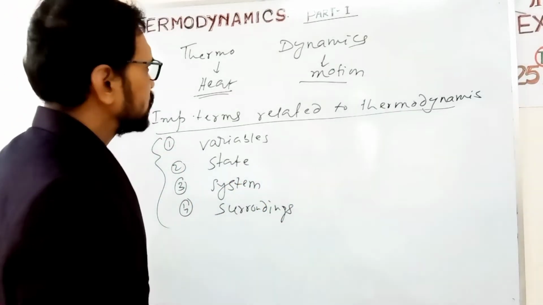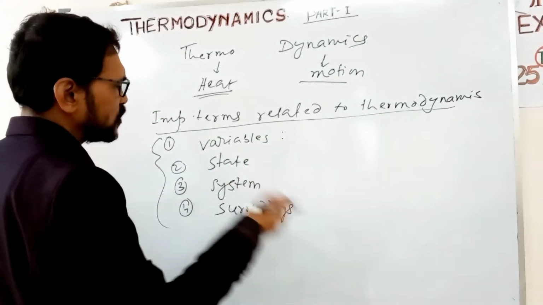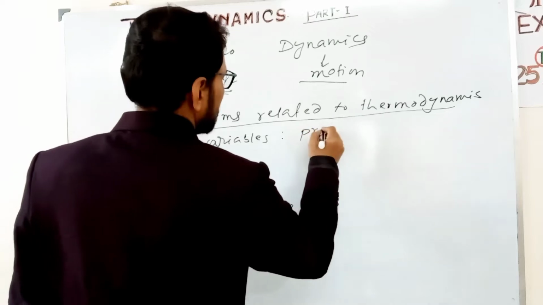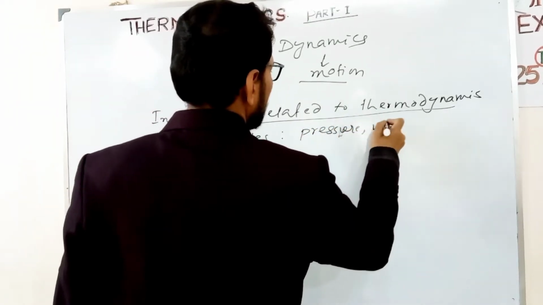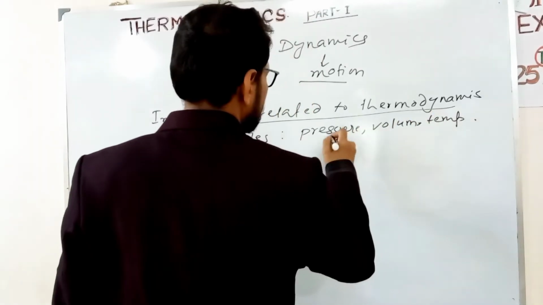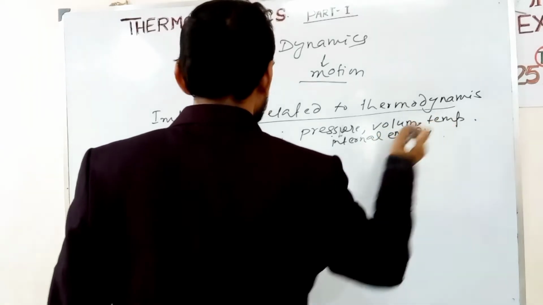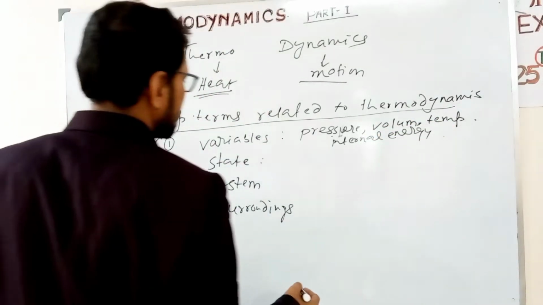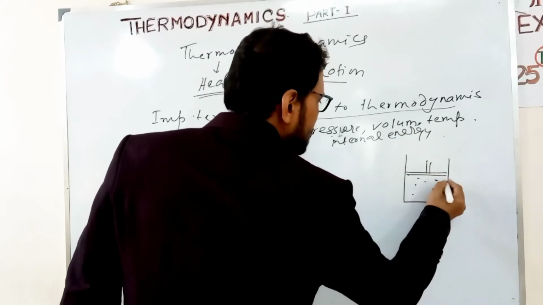What are variables? Those factors whose values vary. Suppose pressure, volume, temperature, internal energy, etc. are variables. State means, this is a cylinder and some gas is enclosed within the cylinder.